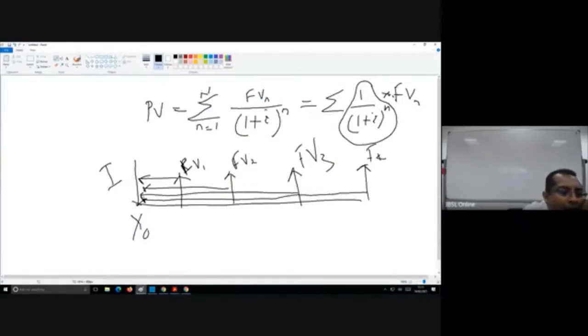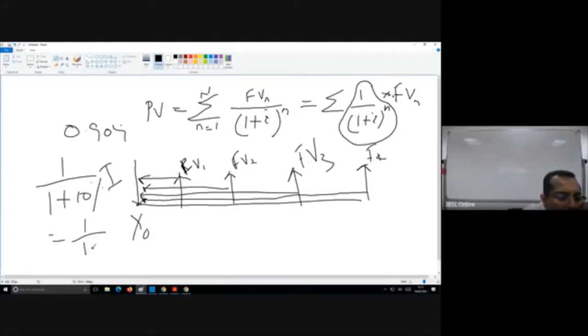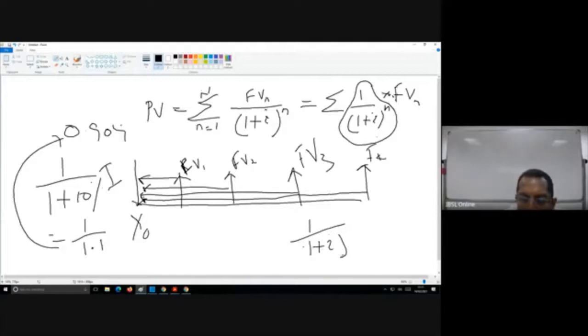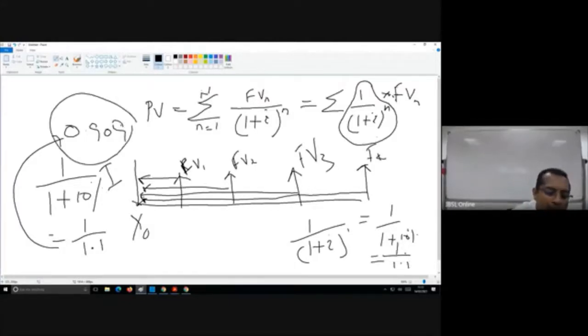Discounting factor 0.909 equals 1 divided by 1 plus 10%, which is 1 divided by 1.1, right? That will be equal to this discounting factor, 1 over 1 plus I to the power n.